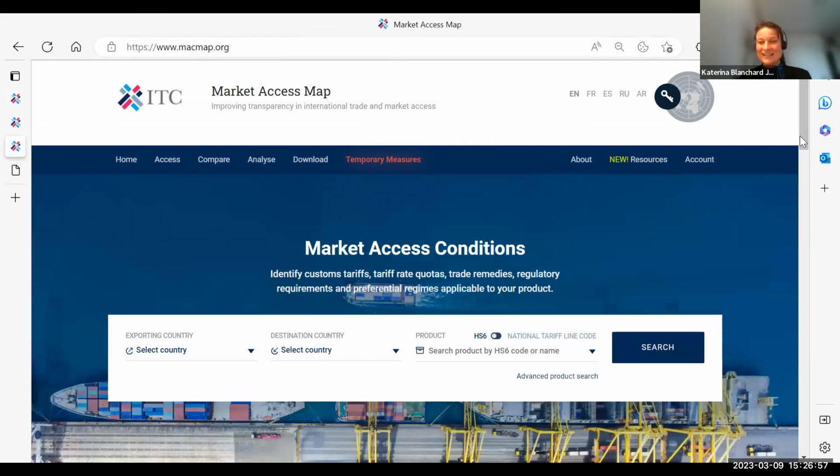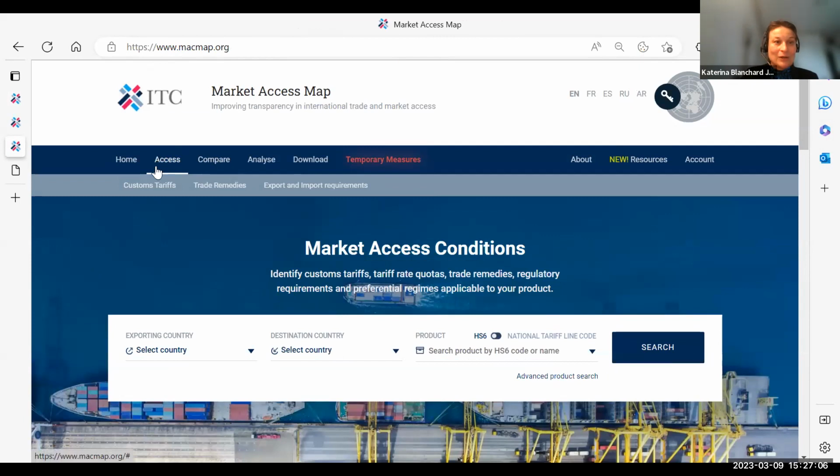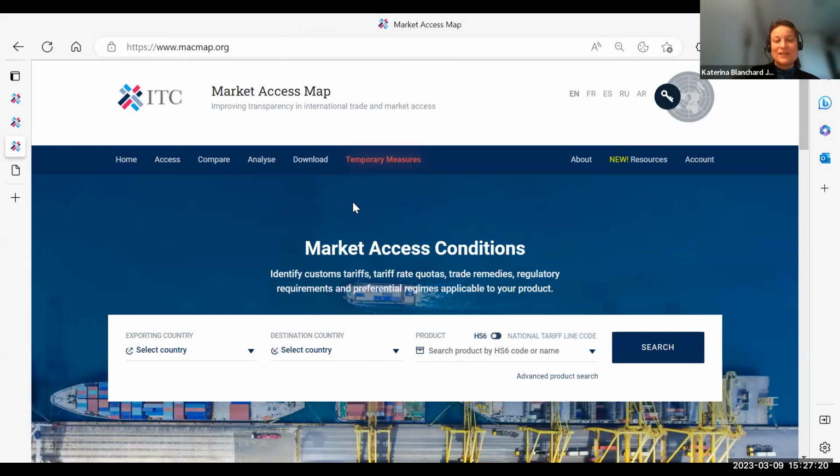Great. So as I mentioned previously, the market access map includes the access module. Here we can check what countries, for example, impose trade remedies. We have the compare module to compare markets, competitors, and products. We have the analyze module to learn more about the trade agreements, and we can also download.